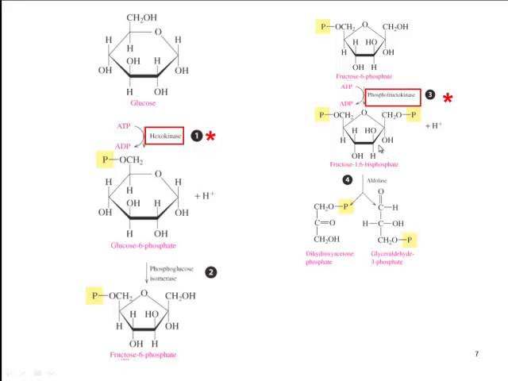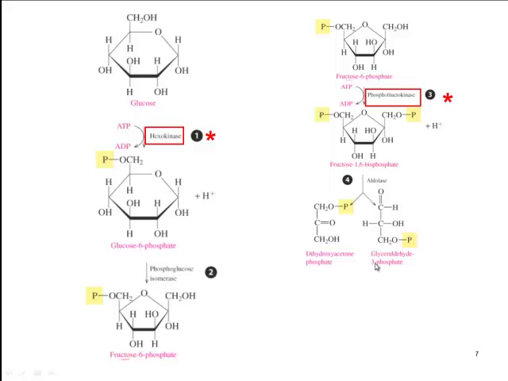Now at this point, our 6-carbon molecule is cut in half, and that's carried out by an enzyme called aldolase. So there are two different products. They're going to have a different location for the C double bond O. One of them is called dihydroxyacetone phosphate, and one is called glyceraldehyde 3-phosphate.